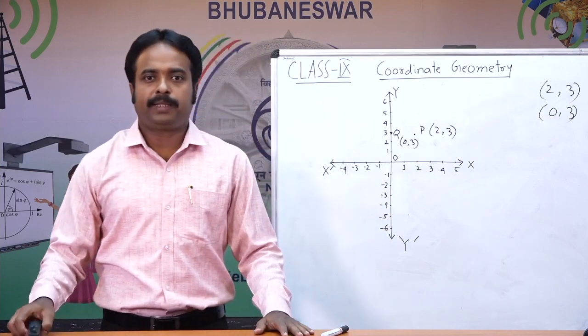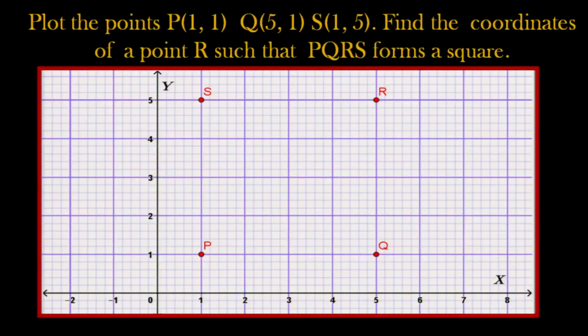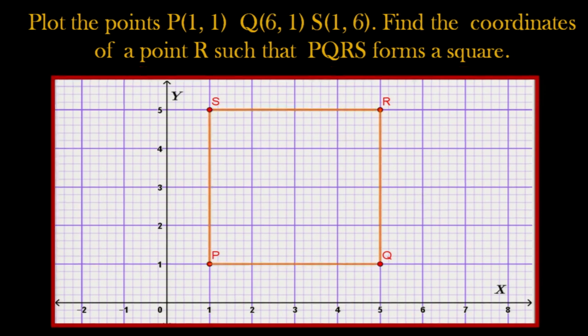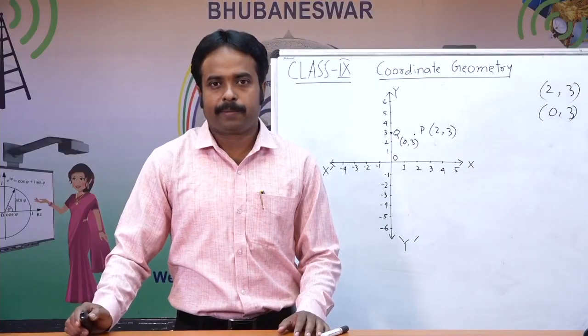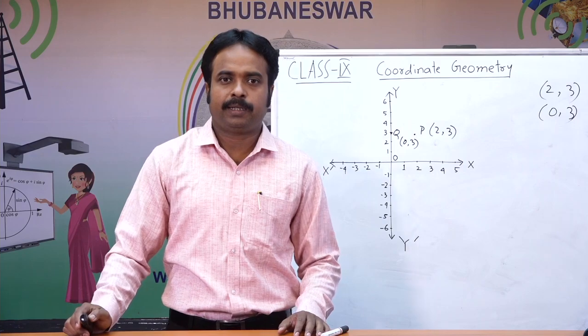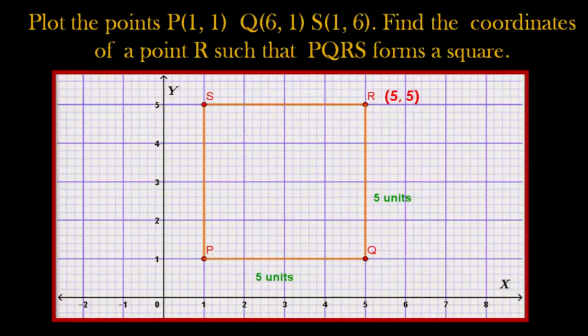Now if we take the point R here, then they will form a square. If we join all these vertices with straight lines, we will get PQRS. And if you observe this, it is producing a square, and the length of each side of this square is 5 units.